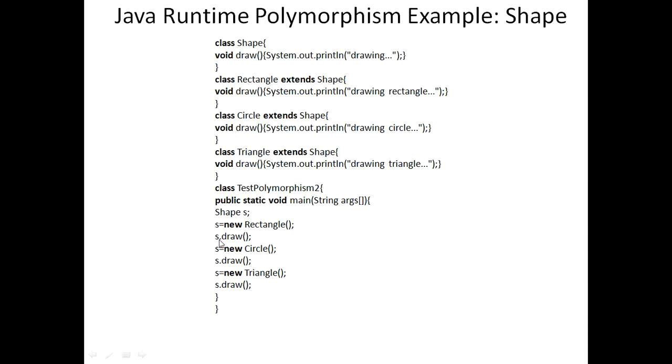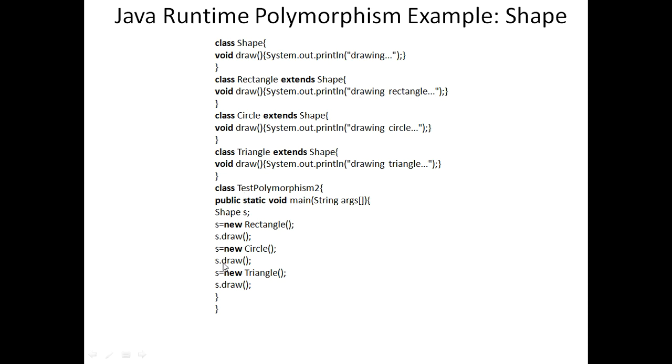Then if I mention s dot draw, this one will be printed, because this reference s, created from the superclass, refers to the object of the child class. So it is going to print this particular statement.